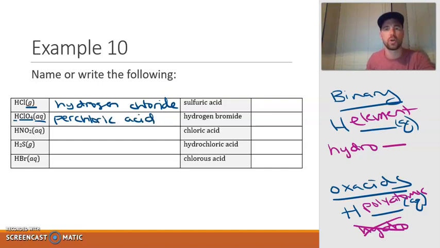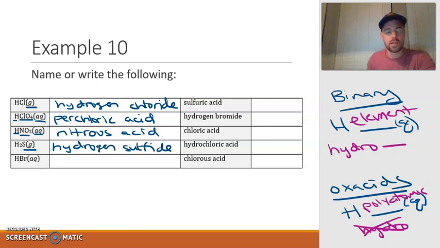So it's perchloric acid. HNO2 aqueous. It's an acid and it's got a polyatomic ion. NO2 is nitrite. So the nitrite becomes nitrous acid. H2S, but it's gas. So this is just simply hydrogen sulfide. The last one in this column, HBr (aq).